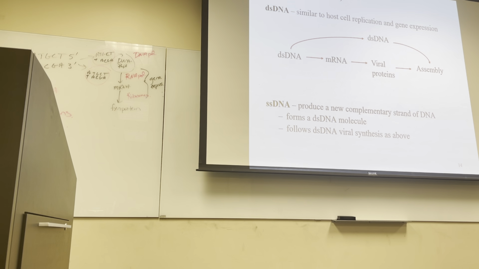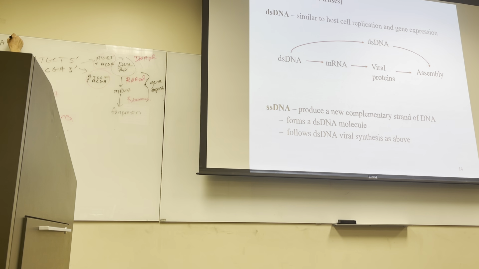All I'm going to do is back up and put ATGCT up there and put single-stranded DNA virus. This is what we're starting with. The first step that has to occur is to produce the complement to this. And when you produce the complement, you now form the double-stranded DNA molecule.